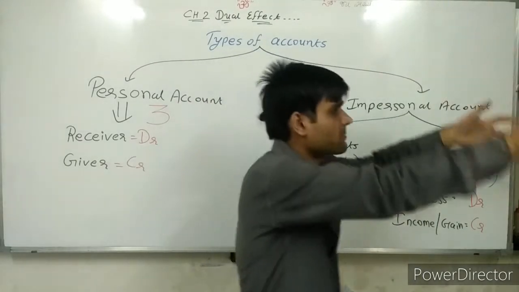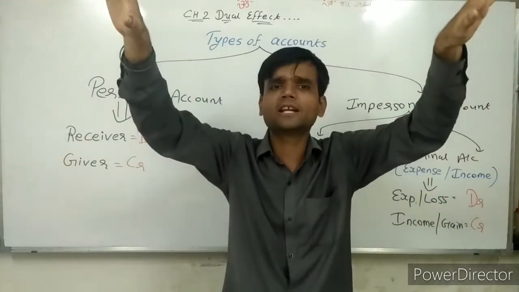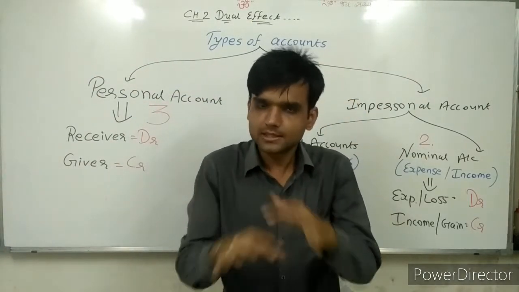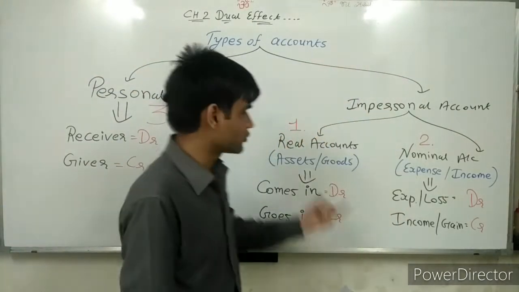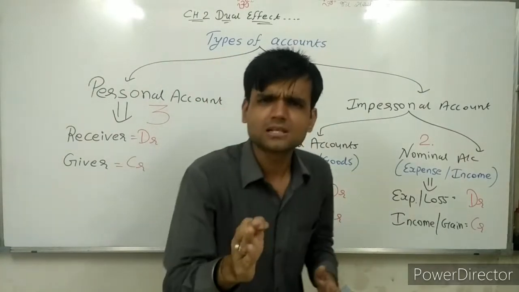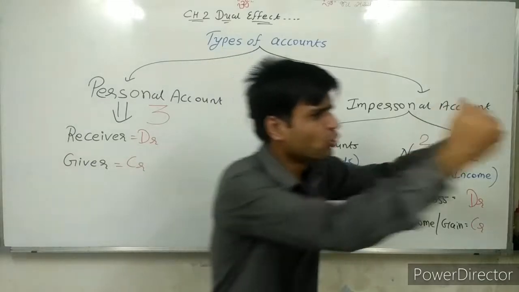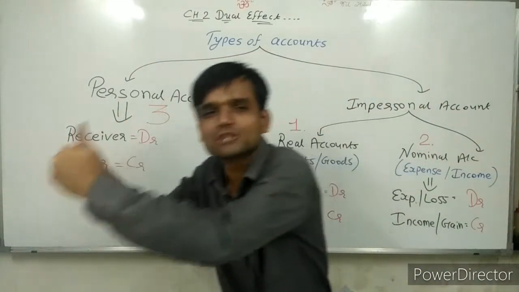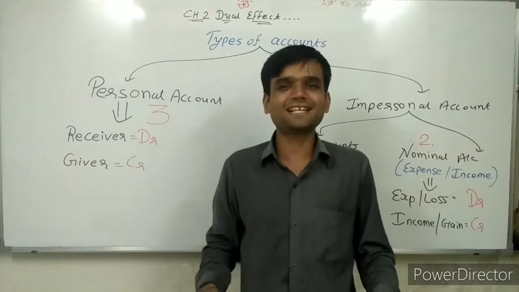In business we are purchasing an asset and using it, and after using, selling it. That's it. This is the situation related to assets and goods. It means I can say goods come in and goods go out. This is the real situation.